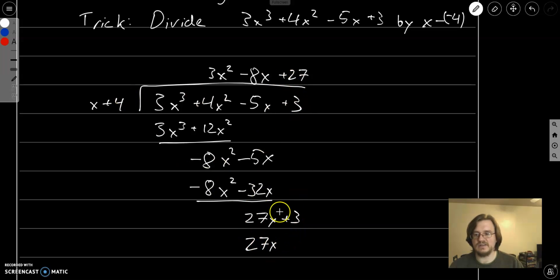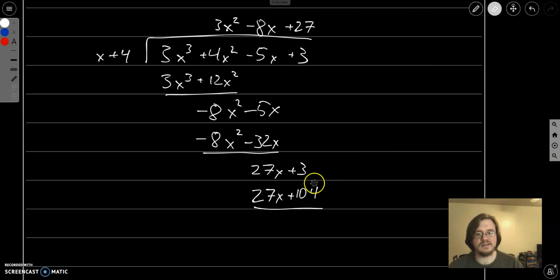And then 27 times 4. 27 times 2 is 54, so this will be 108. And 3 minus 108 will be negative 105. So negative 105 is equal to f of negative 4.